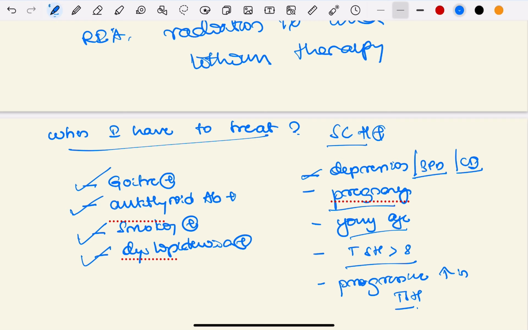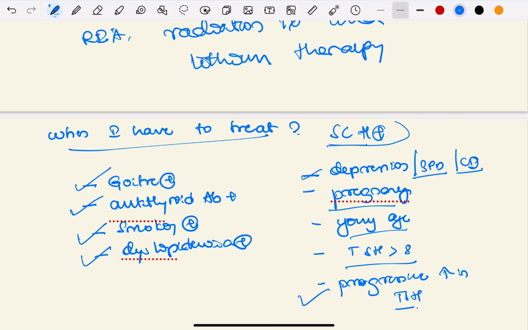Or progressive elevation of TSH, like 3 months back it was 6, now it is 7.5 or 8, you have to treat because it is progressive elevation of TSH. Or both readings more than 8, like 8.5, 8.5, 9, you have to treat those conditions. So these are the factors favoring LT4 or levothyroxine treatment in cases of subclinical hypothyroidism.